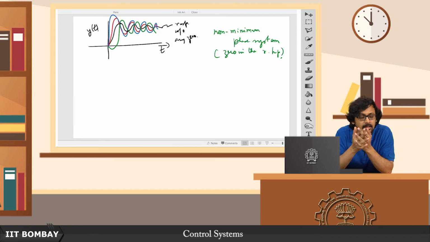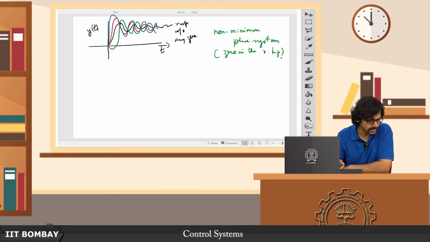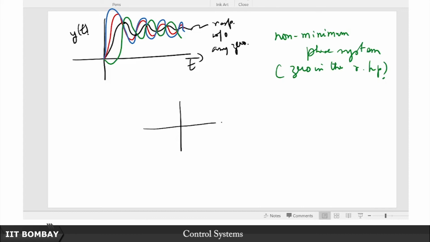Unfortunately, if that rule of thumb is violated, and 1 by tau, magnitude wise, is closer to zeta omega n, then all of these approximation techniques will not hold good anymore. So just to summarize that, suppose you have a pair of poles like this. Of course you know that this is minus zeta omega n.